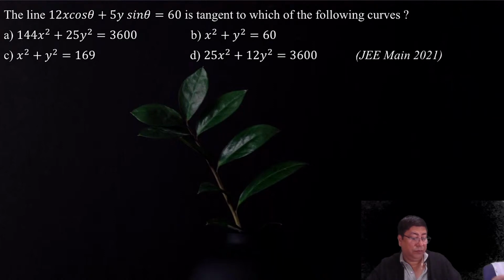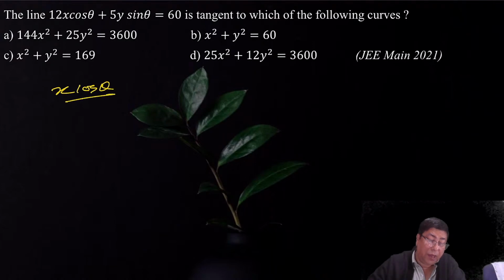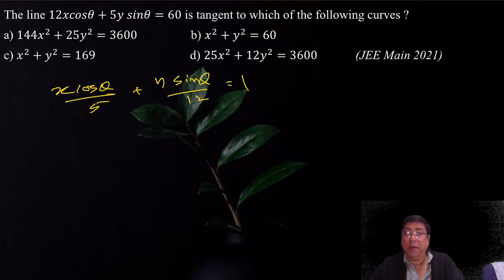Let us see what can be done. 12x cos theta plus 5y sin theta equal to 60. So x cos theta by 5 plus y sin theta by 12 equal to 1.